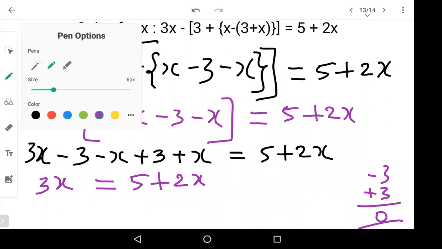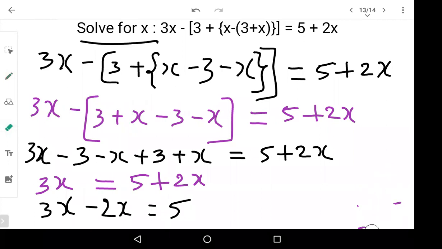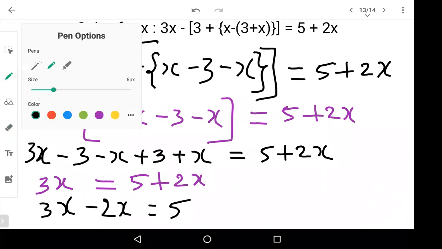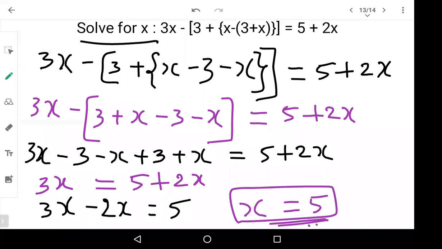Okay? And your next step will be taking 2x to the other side. So which is nothing but 3x minus 2x is equal to 5. And your last step, 3x minus 2x is equal to x is equal to 5. So this is your final answer.